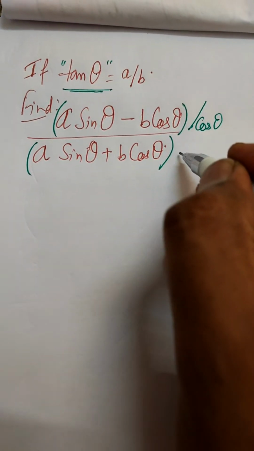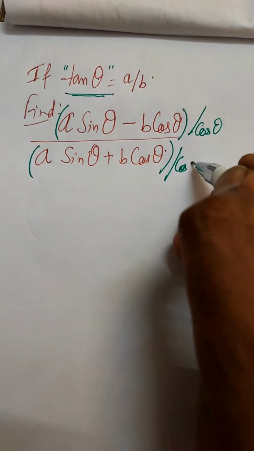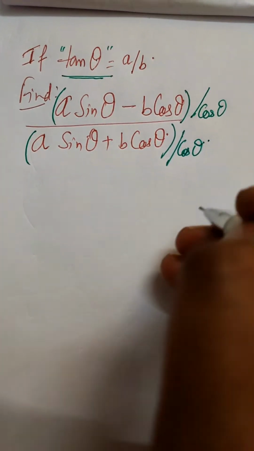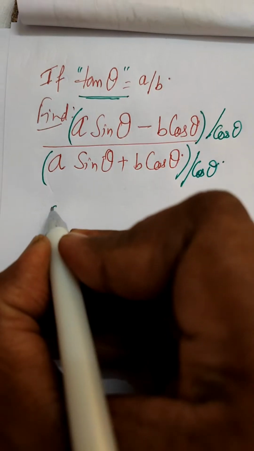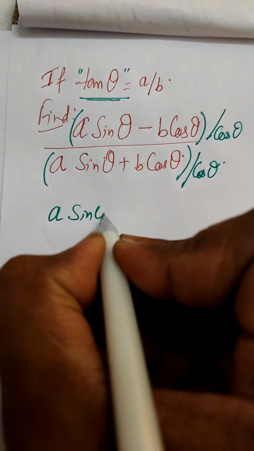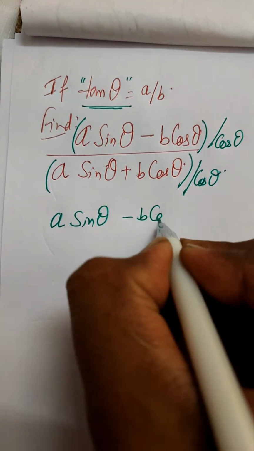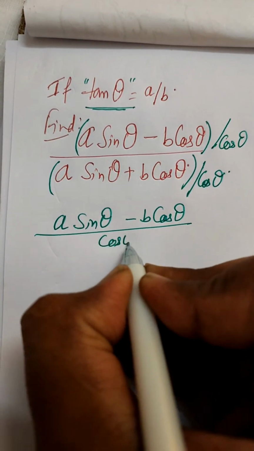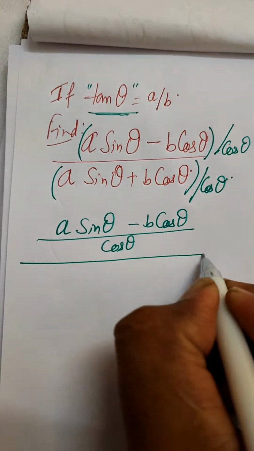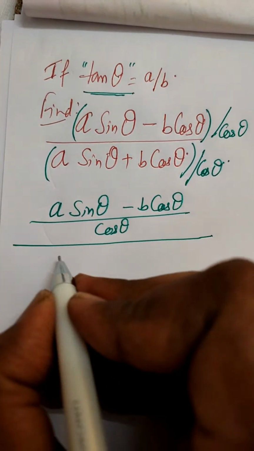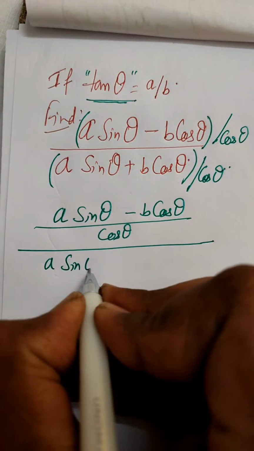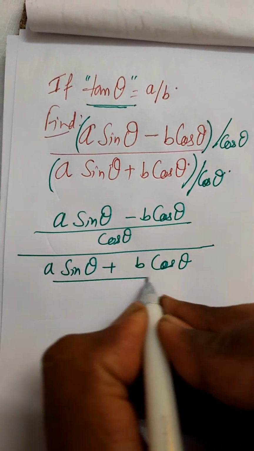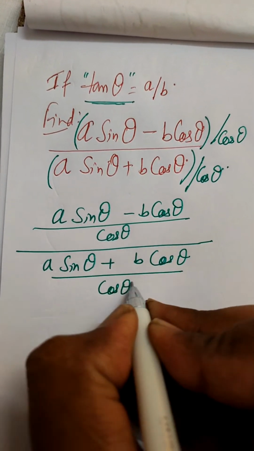When you divide the numerator and denominator by cos theta, what will happen? You can see the numerator will look like a sine theta minus b cos theta divided by cos theta, and this is a big fraction, divided by a sine theta plus b cos theta divided by cos theta.